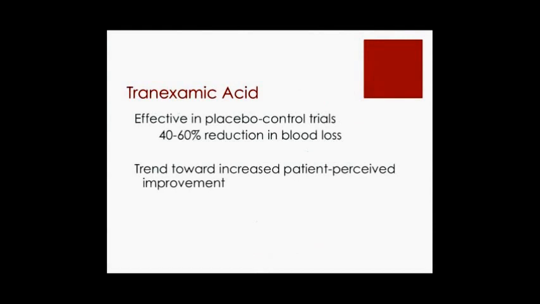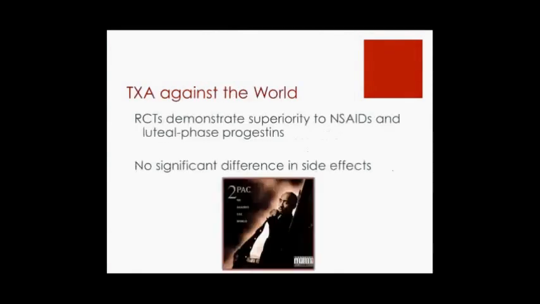So we're just going to go over results. I'm not going to go over much of the literature, but it's been found to be effective in placebo-controlled trials with a 40 to 60% reduction in blood loss reported in the literature. There is a trend, but again, not a statistically significant difference, of increased patient-perceived improvement in their symptoms.